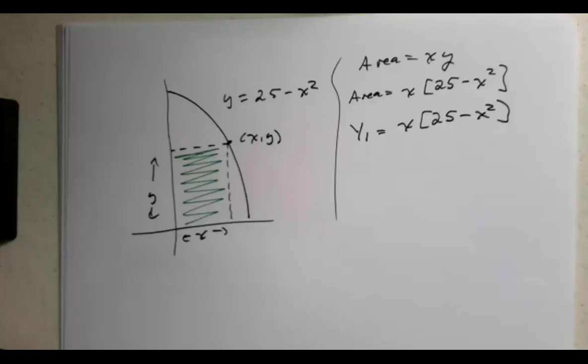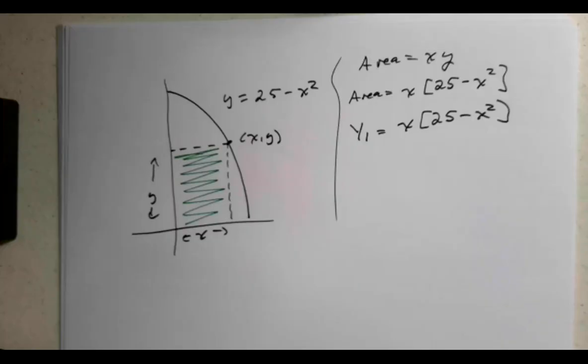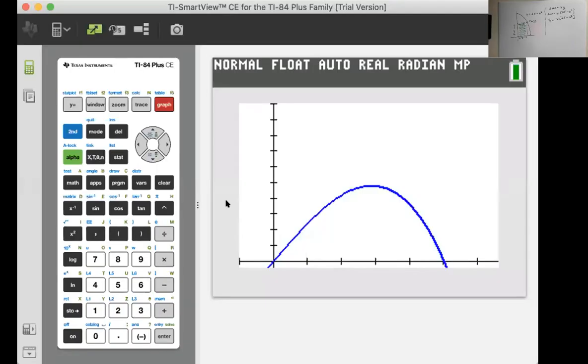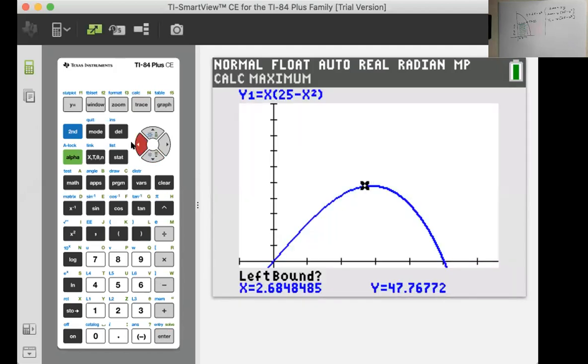Now what's the next thing that it asks me to do? It says use a graphing calculator to find the maximum value of that function. Okay, so we'll go back to that and we'll use our max finder. Second, calculate, maximum is here. Move the cursor a little bit to the left of the top. Move it a little bit to the right of the top.